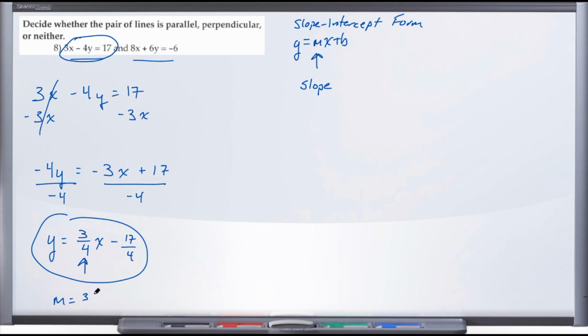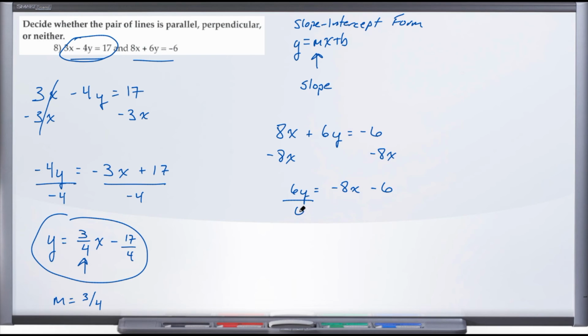Except when it's in y equals mx plus b, we are easily able to see that the slope of this line is 3/4. So now what we want to do is take this second given equation, put it into slope-intercept form, and see what the slope is. So let's go ahead and do that. So we have 8x plus 6y equals negative 6. And again, if we want to solve for y, let's go ahead and subtract 8x from both sides. That's going to leave us with 6y equals negative 8x minus 6.